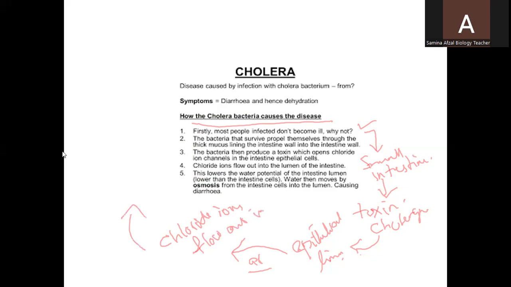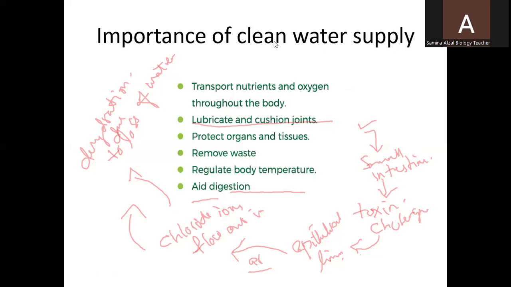This lowers the water potential of the intestine. So what will happen? Water then moves by osmosis from the intestine cells into the lumen, causing diarrhea, which can lead to dehydration due to loss of water. So in this way, cholera can be very harmful.